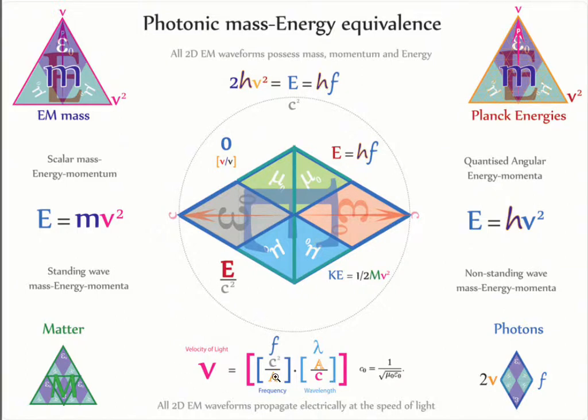But in all cases, Tetryonics shows that the frequency is a scalar measurement of the quantized or equilateral energies, whereas the wavelength is a linear measurement of this energy. So we have mass momenta, wavelength, frequency, c squared.